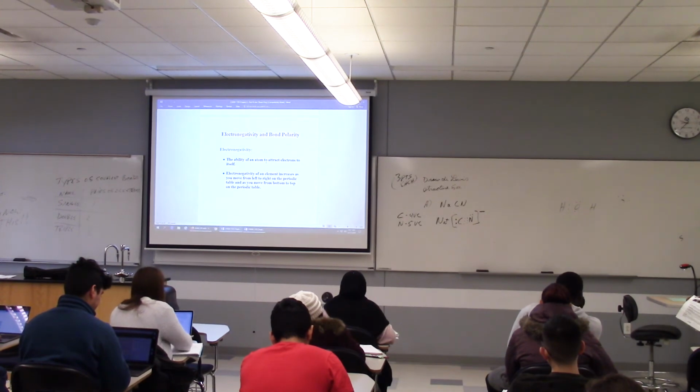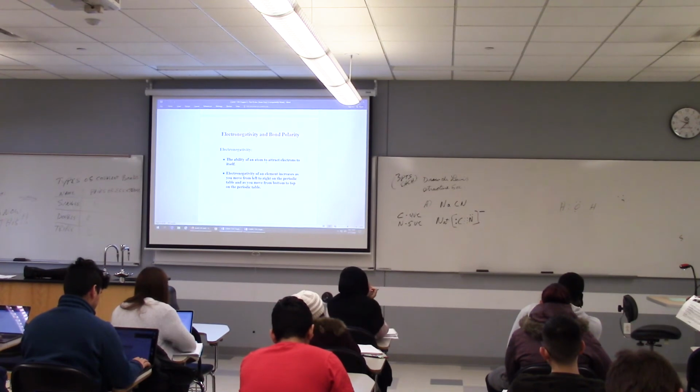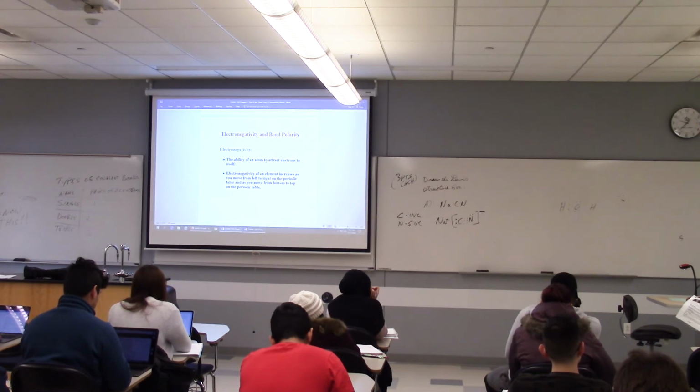And so that's electronegativity. Now, if we look at the periodic table over here, electronegativity increases this way from left to right, and increases this way going up. Fluorine and oxygen are two of the most electronegative. In other words, they're big and strong.